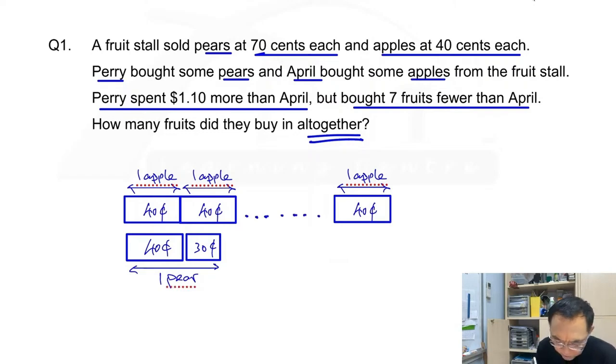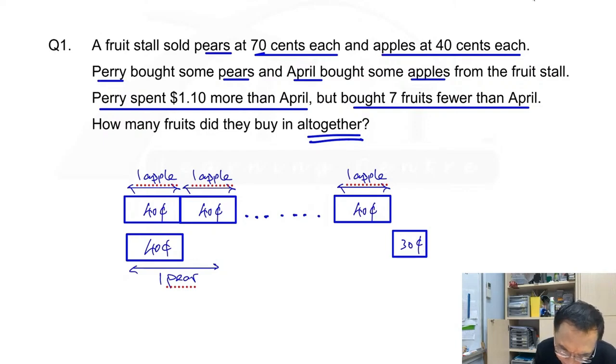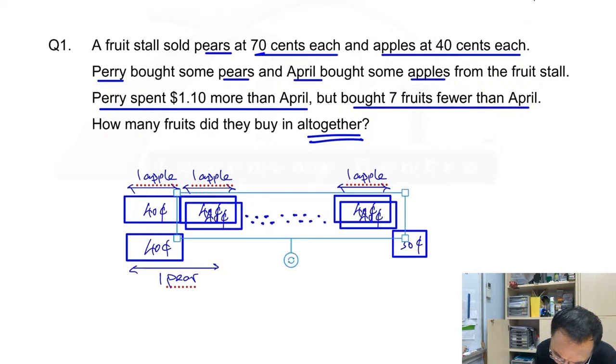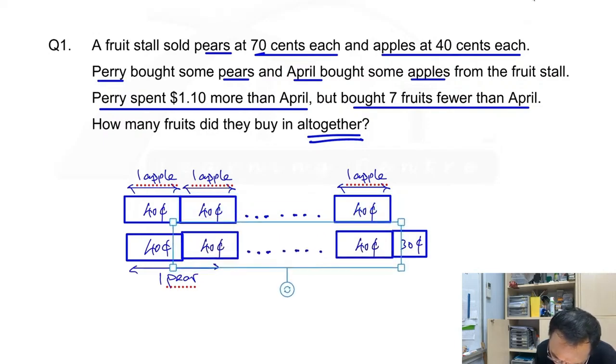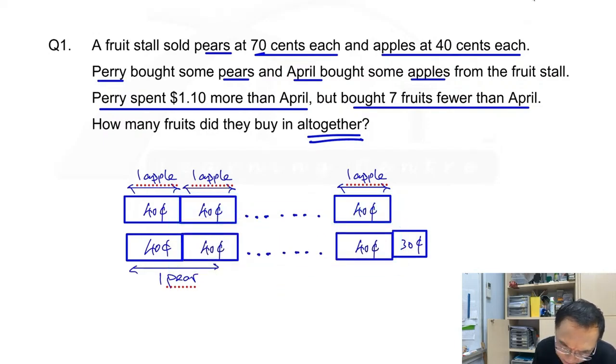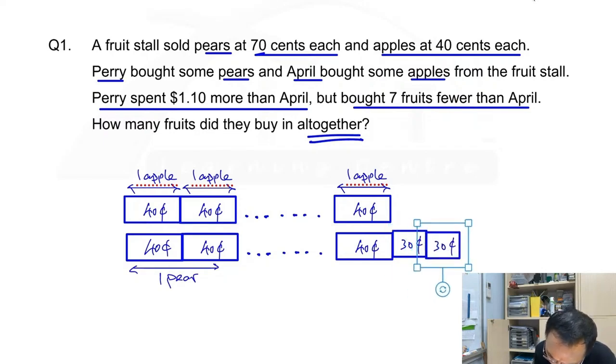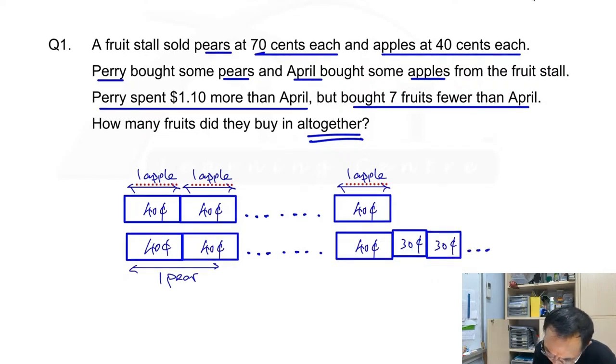And then, let's say now I split the pear, the money, the 30 cents from the 40 cents. This means that the model on top will now look like this also, and the back will also look like this, and then another of this.